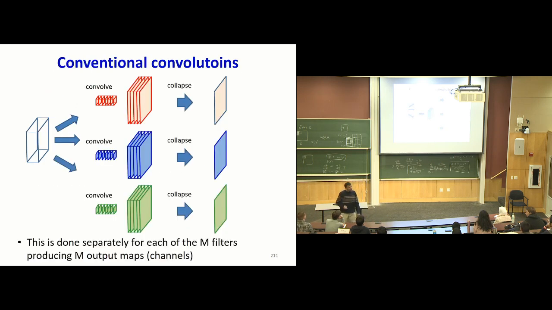So now when you have many filters, you have one such set of weights for each filter, right? And each of those is going to be scanning the input. Each of those is going to be producing many layers of planes, and then they're going to be summing all of them, and you're going to get one map per filter. That's the convolution operation, right?